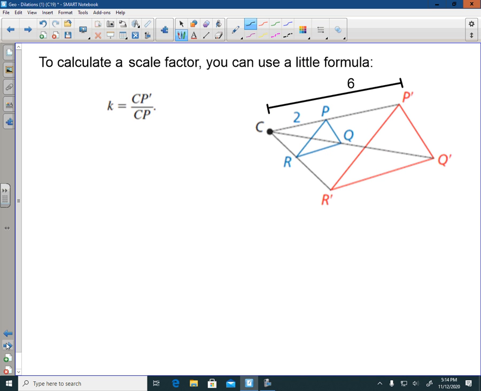You can calculate a scale factor by using a little formula, and I'm going to write this out a little differently here. Let's talk about what CP prime is.